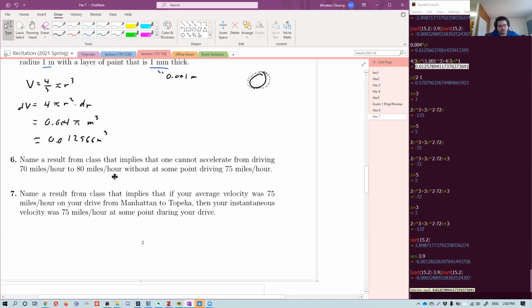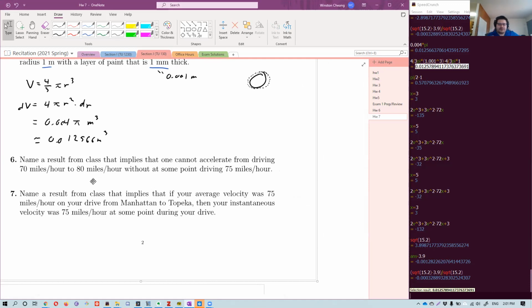So, reading this one, it's saying your velocity at the initial time is 70, and then at your final time your velocity is 80. And the conclusion is that at some point you must have been going 75 miles per hour.